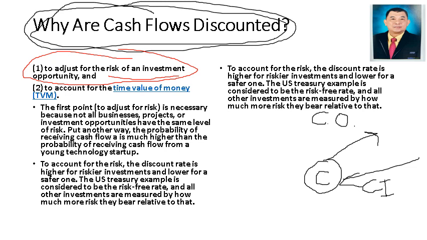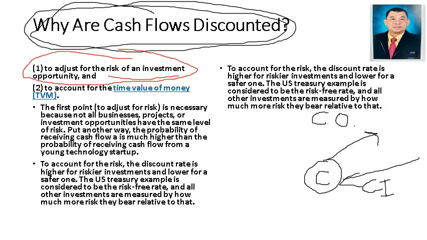I told you, the higher the risk, the higher is the reward. If you have a large investment on this particular project or business, of course, it takes a risk. So that's why cash flow has to be discounted to consider the risk of the investment.